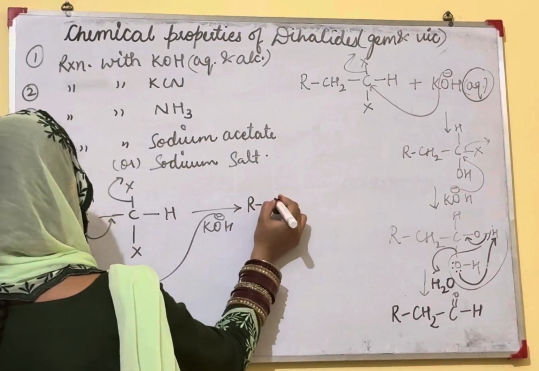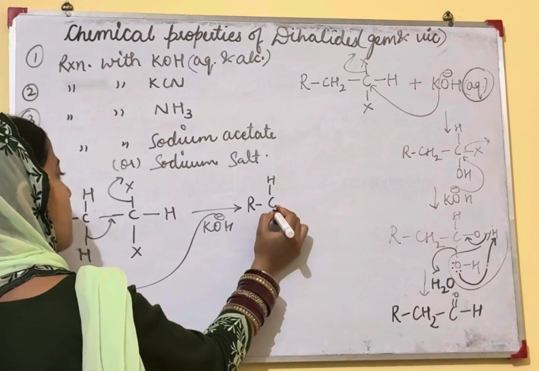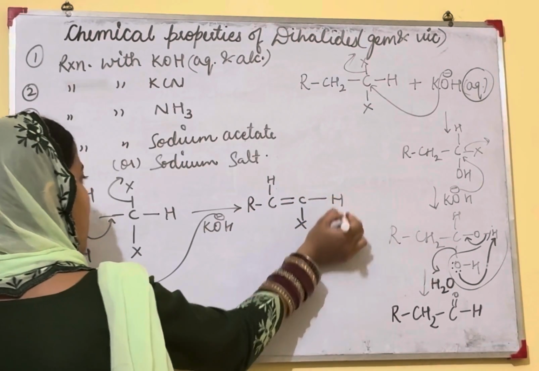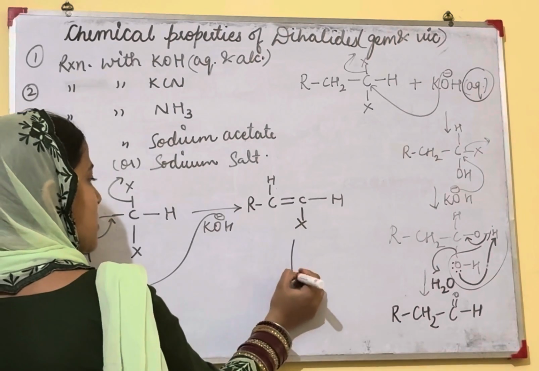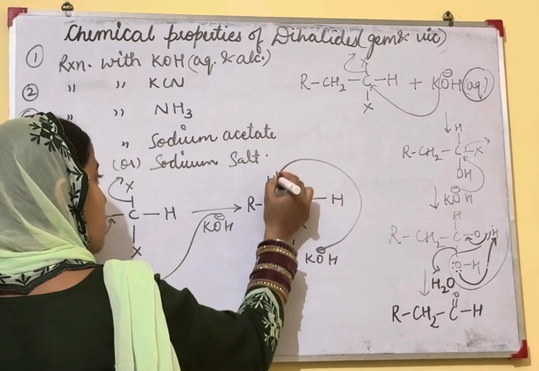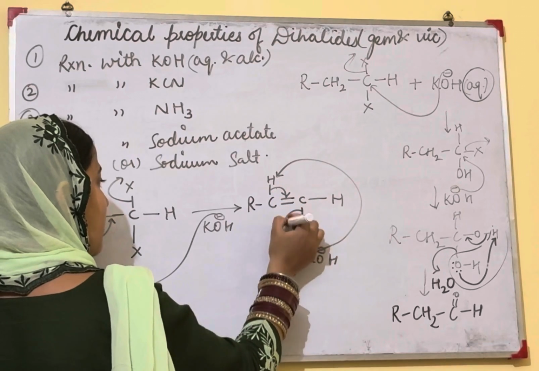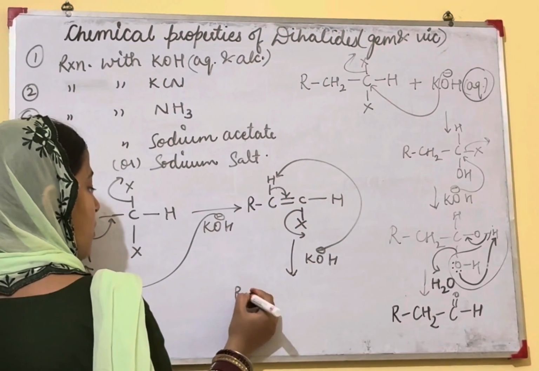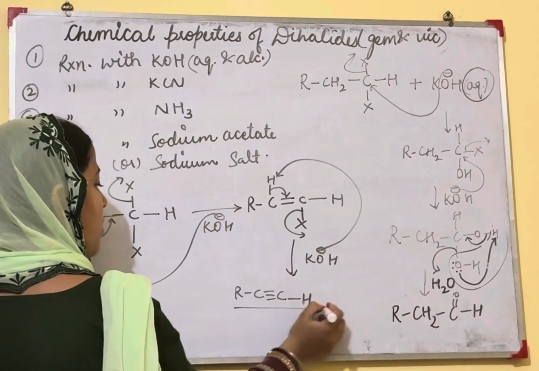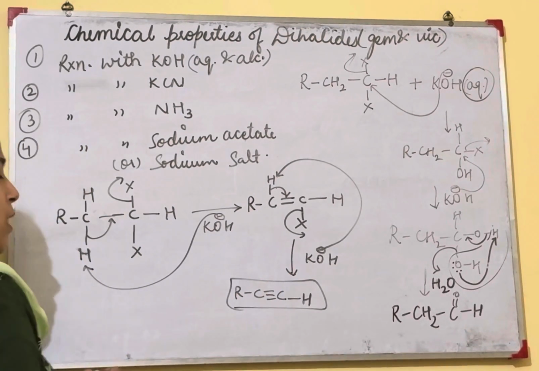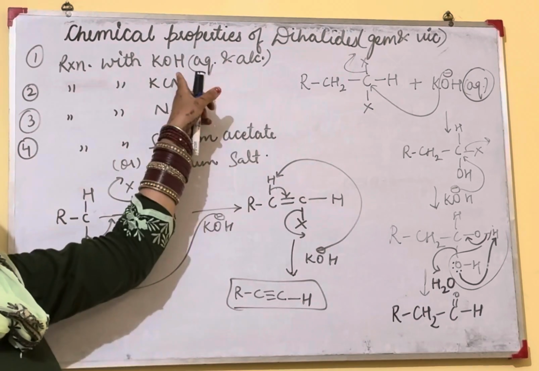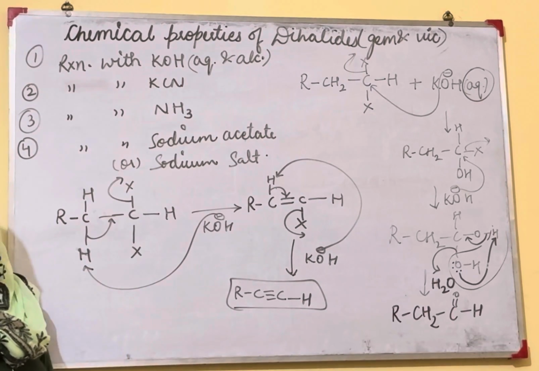What you will get is RCH double bond CXH. Now in the next step, this KOH will again abstract this proton and form a bond here, and the halogen will be removed. What will form? A triple bond. This will be the terminal alkyne. This will be the product when it undergoes the reaction with alcoholic KOH.